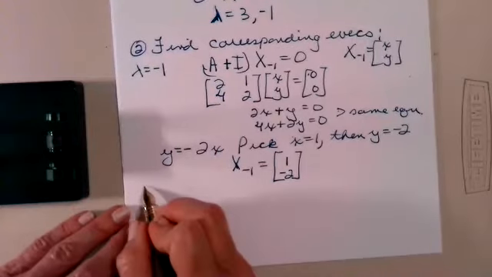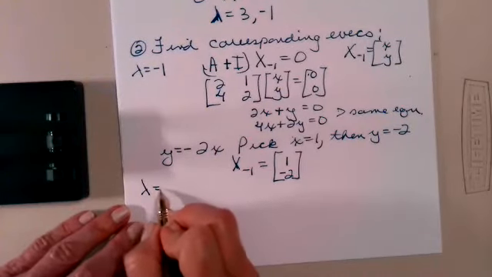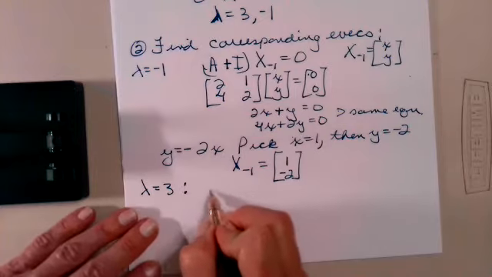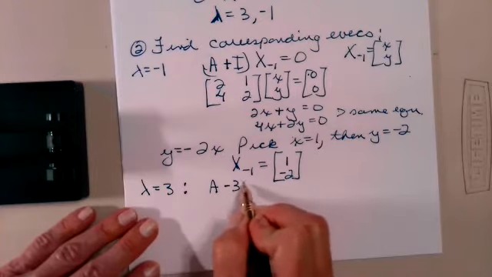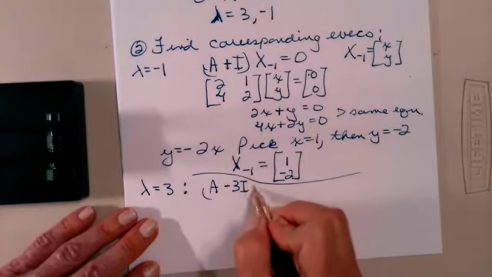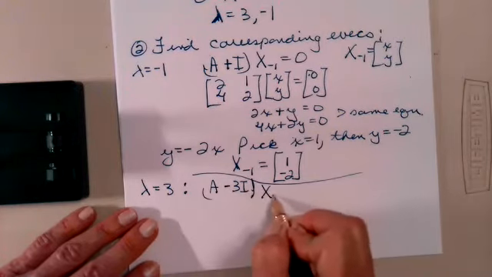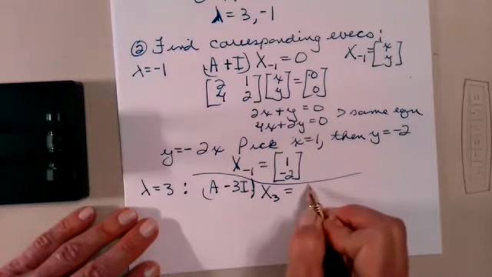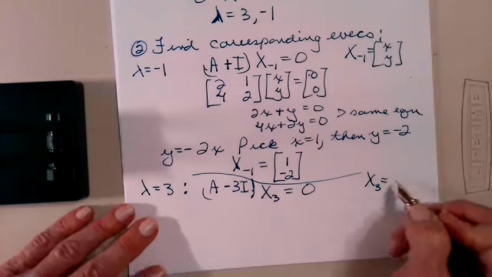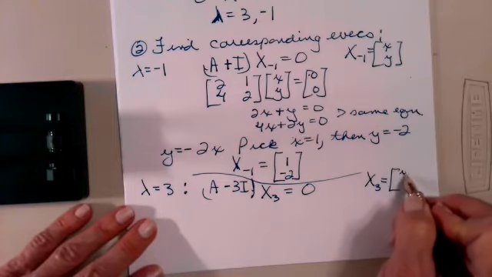Now the second one, when lambda is equal to 3. Now we have to do A minus 3 times the identity, times the eigenvector that goes with 3, has to be equal to the 0 vector. And this guy is going to have two components. So let's call them u and v.